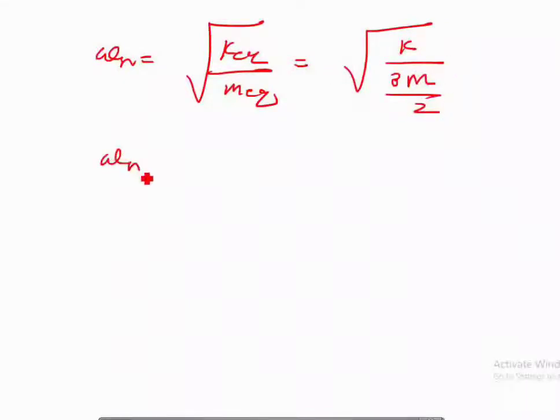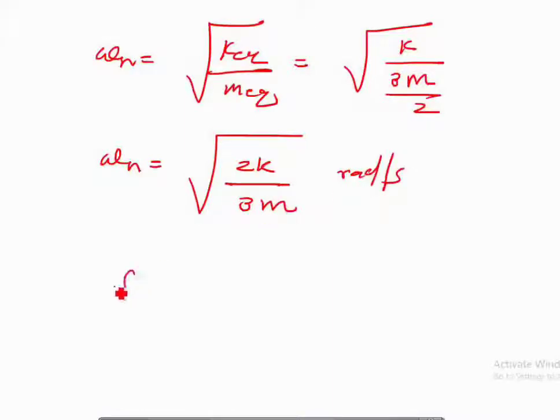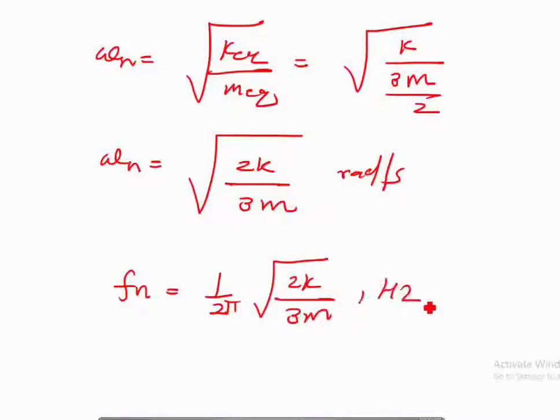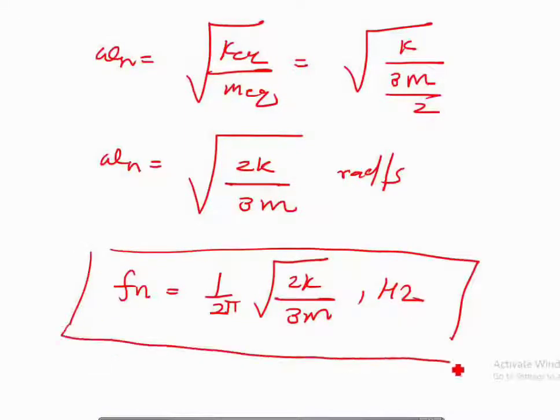So finally omega n is equal to square root of 2k divided by 3m radian per second, and don't forget to mention the frequency in hertz: 1 upon 2 pi square root of 2k upon 3m hertz. So this is your final answer. Basically in this problem they haven't asked for the natural frequency, just m equivalent and k equivalent, but I have shown you the procedure.